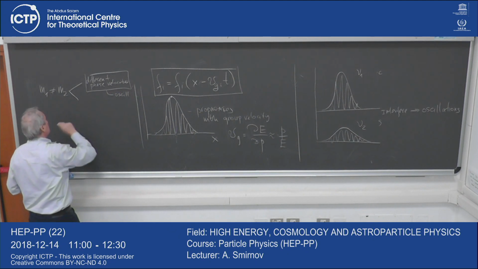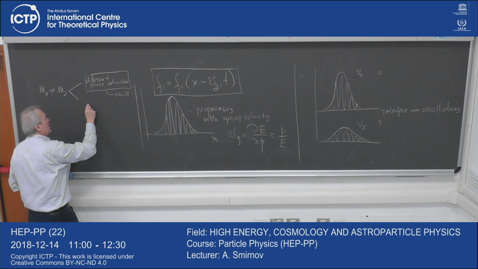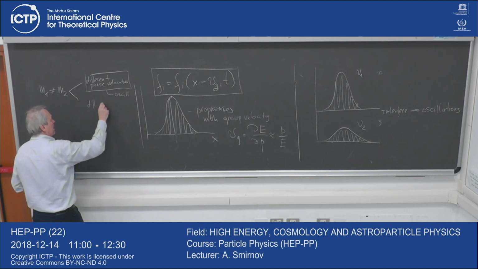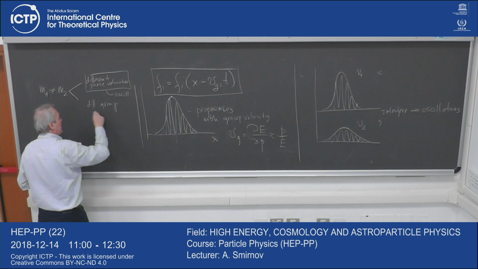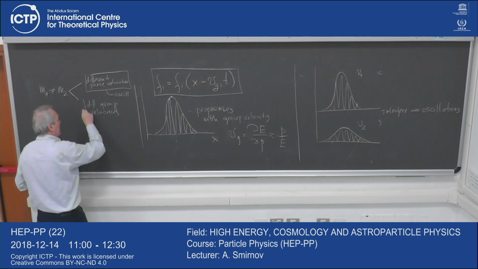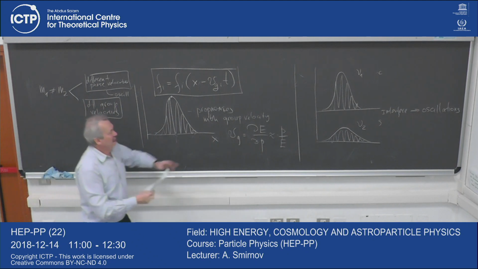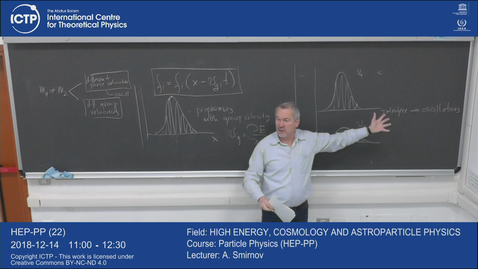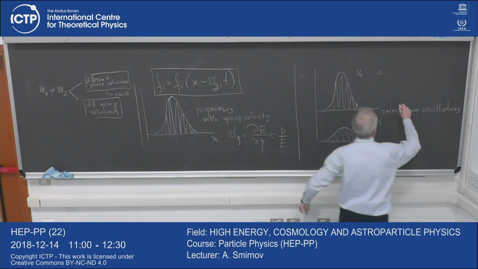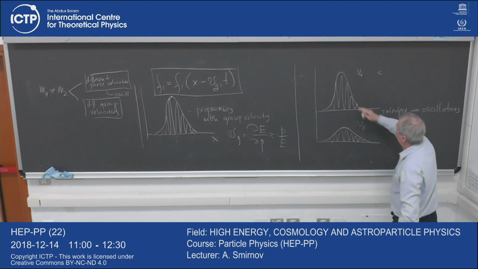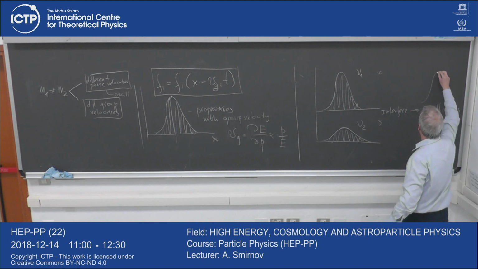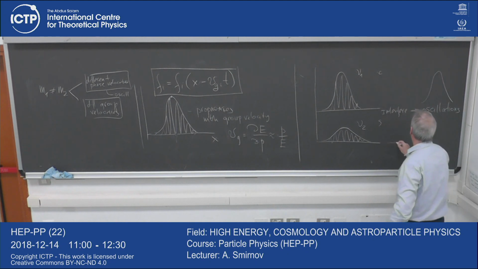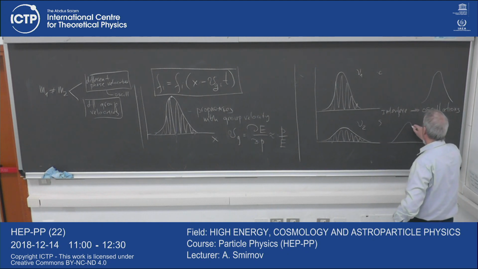But also, due to the difference of masses, you have different group velocities. This means that these wave packets as a whole will move with different velocities, and at some point they will stop to overlap. So for instance, if this one has higher velocity, then after some propagation you will have a picture like this.